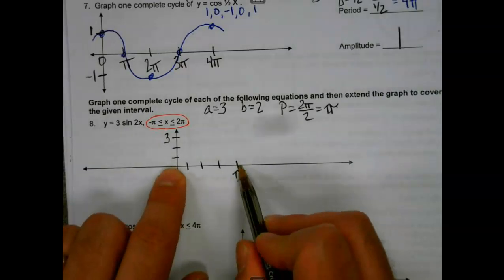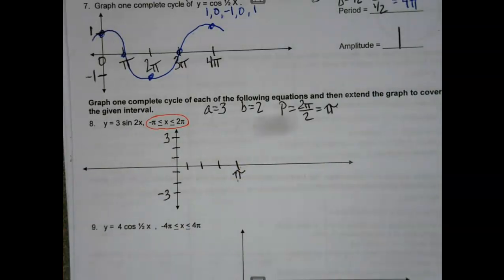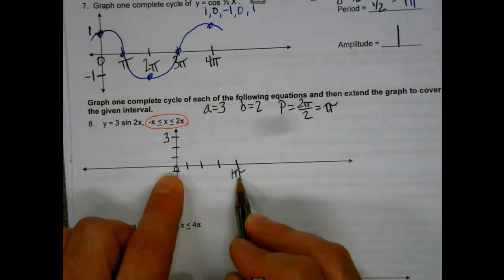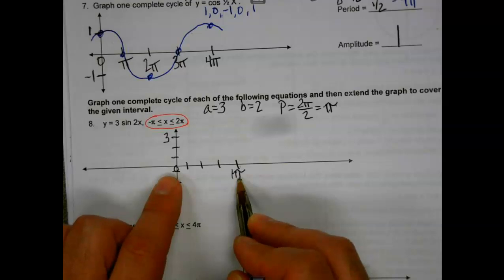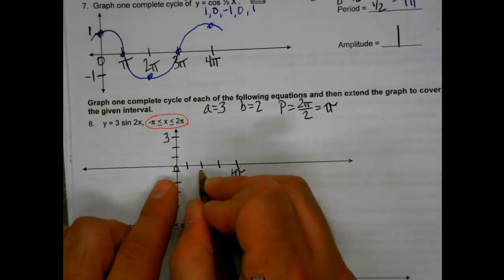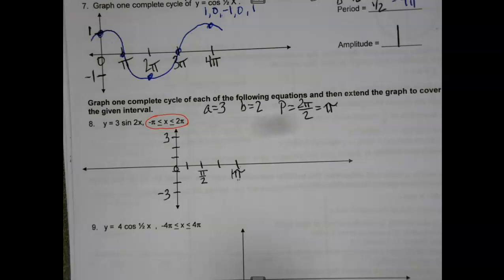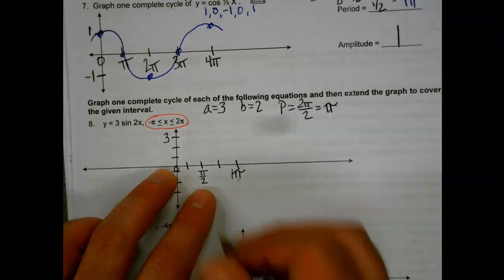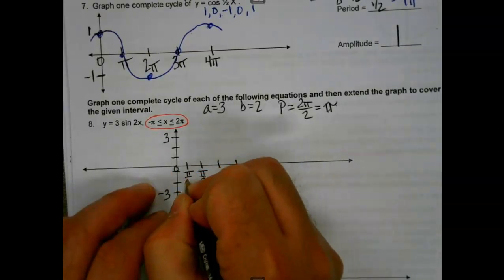So here we go, the halvesies game again. In between 0 and 1 pi, between 0 and 1 is a half, so we do pi over 2. In between 0 and a half is a quarter.